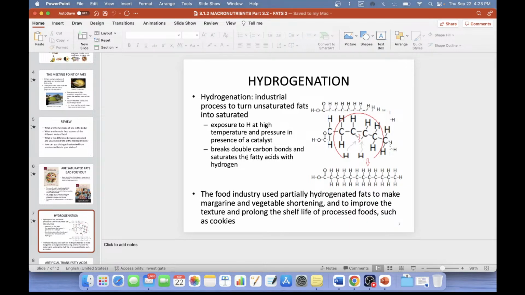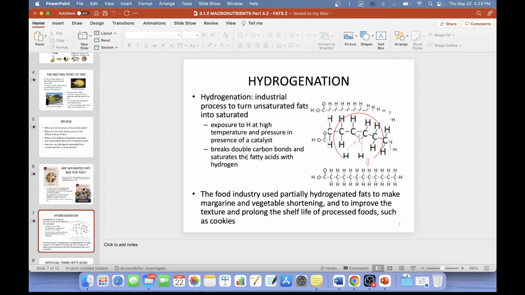Moreover, the process of saturating the fat, that is adding hydrogen to it, that is essentially what it is, makes the fat more stable from the point of view of preservation, less prone to become rancid, to go bad, that is.